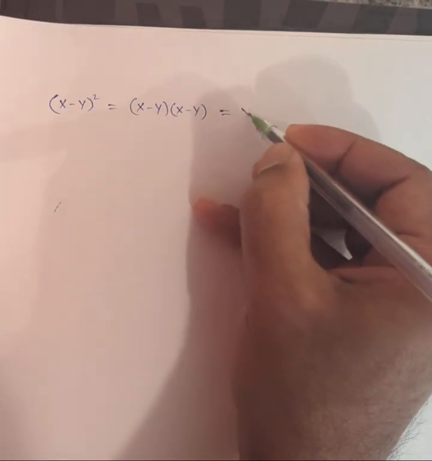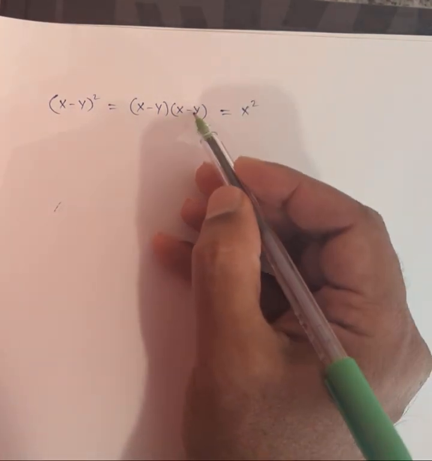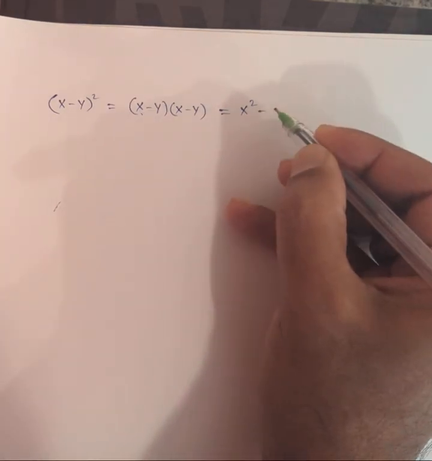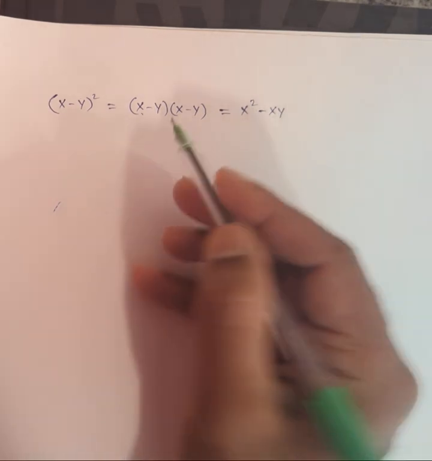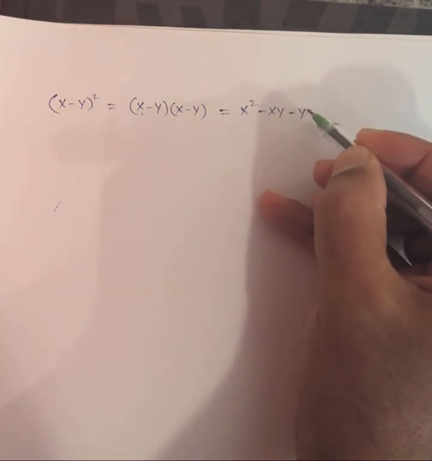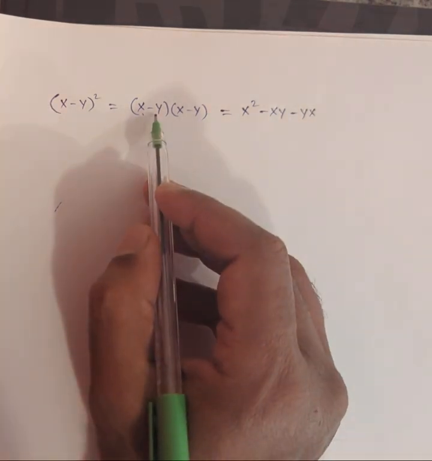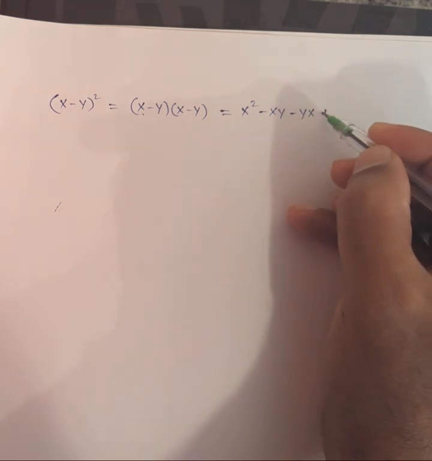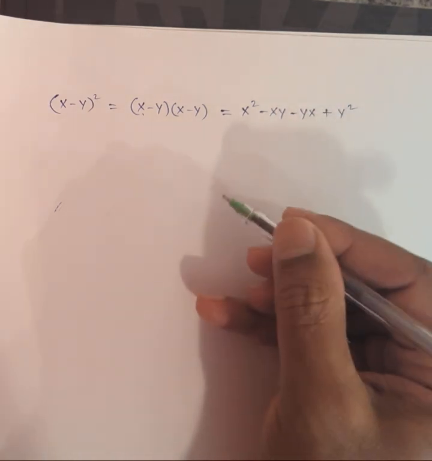X times x is x square, but this time there is a negative sign, so I got to be careful. This is x times negative y, that's negative xy. And now I have negative y times x, that's negative yx. And then I have negative y times negative y. Negative times negative is positive, so I get positive y square.